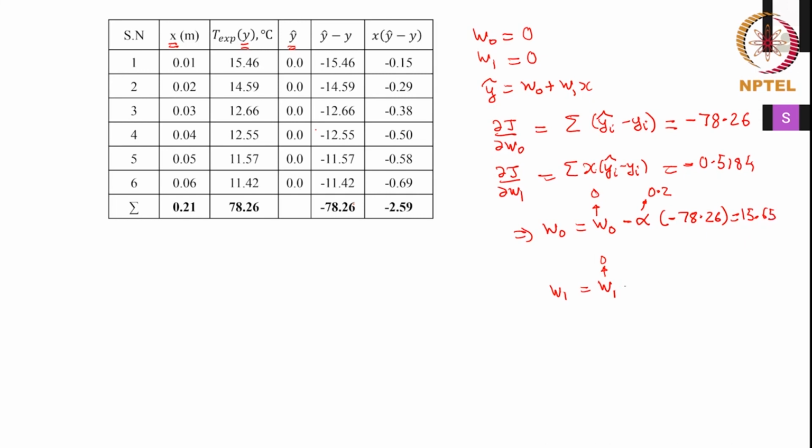So W1 is W1 minus alpha times, this is not minus 0.518, I wrote that incorrectly.